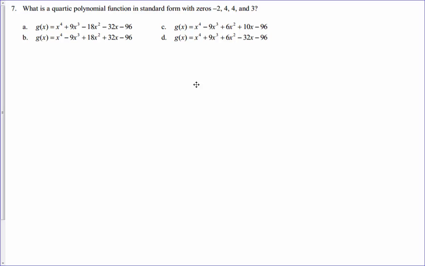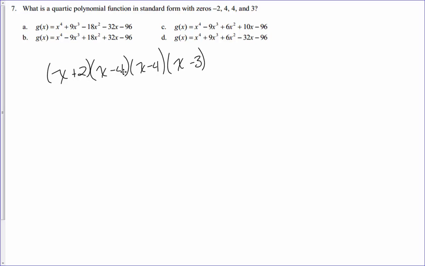All right, number 7, it says, what is a quartic polynomial function in standard form with zeros -2, 4, 4, and 3? Well, to take your zeros and turn them into factors, you're going to do x minus each one of these numbers. So we're going to have x minus -2, which is x plus 2. We're going to have x minus 4, and x minus 3.